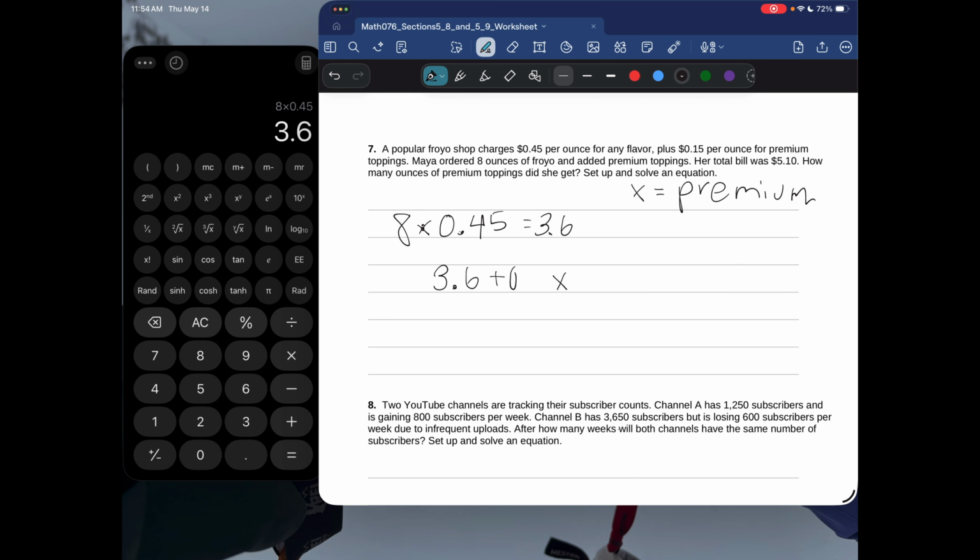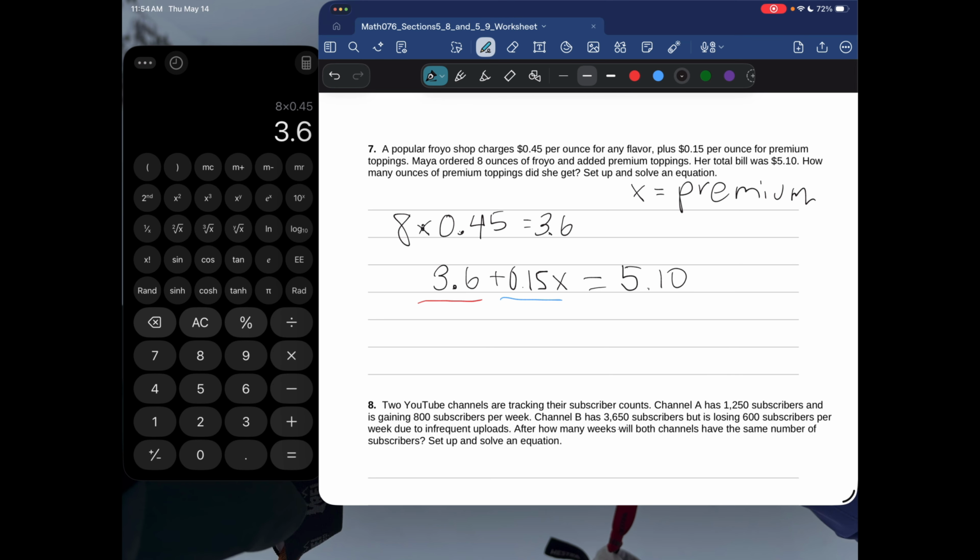So times 0.15x equals, and this is going to equal her total. So this is her base yogurt right here, and then her premium toppings is going to equal her total, which we said was 5.10.